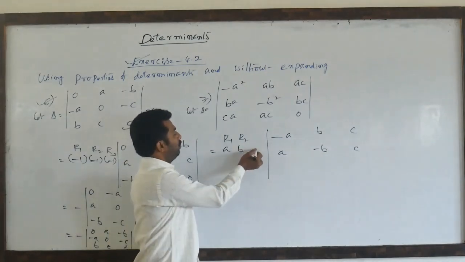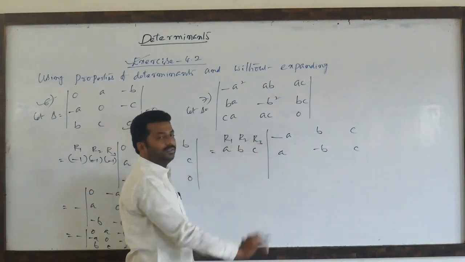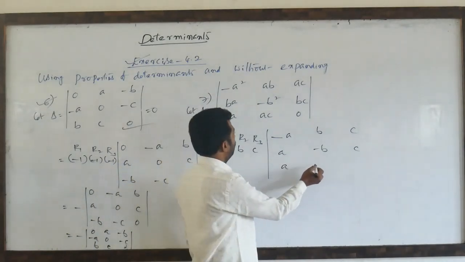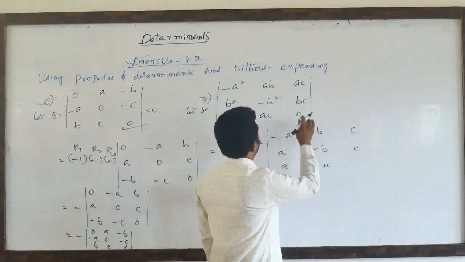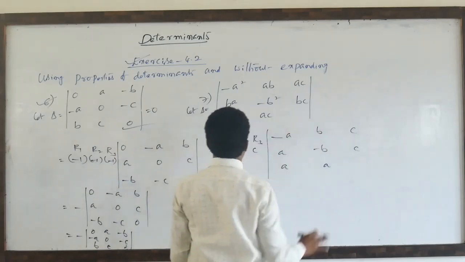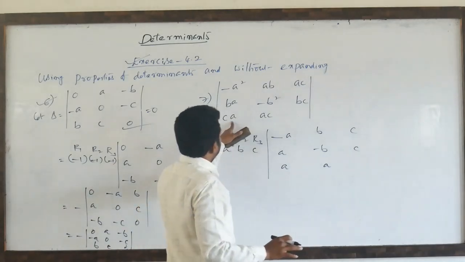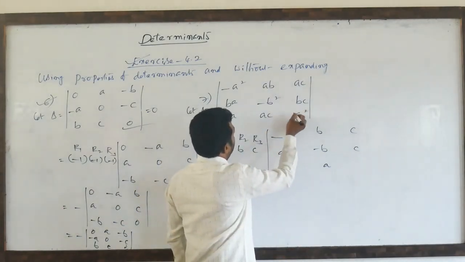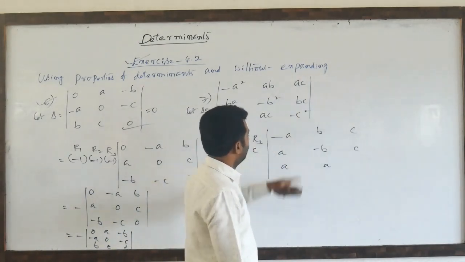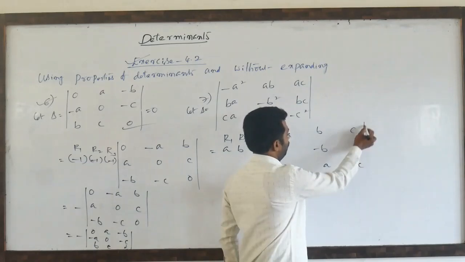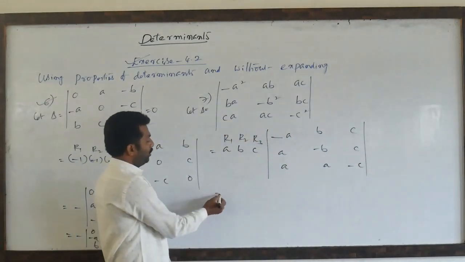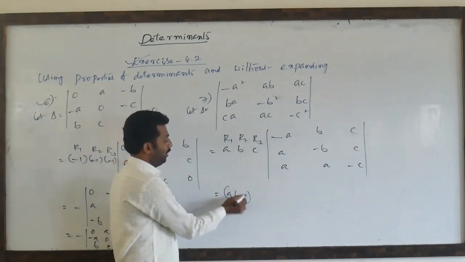From the third row, if I take c common, the remaining are a, b, minus c. Anyhow, this is abc.